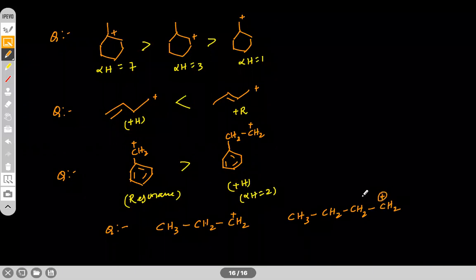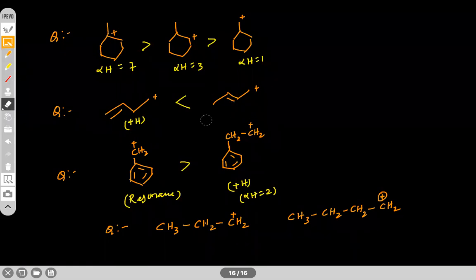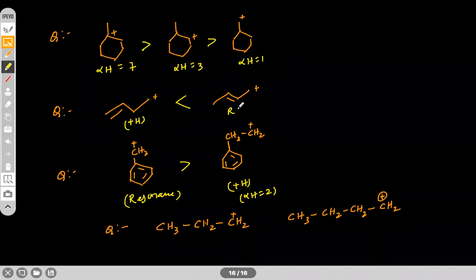Compare this one. No, here better we say resonance. Okay, don't say plus R or minus R because it is present in the same molecule. So better you say this positive charge is getting stabilized through resonance. This goes away.